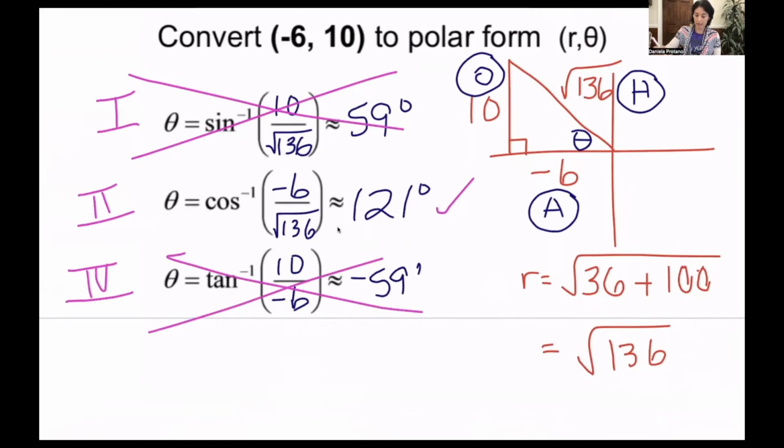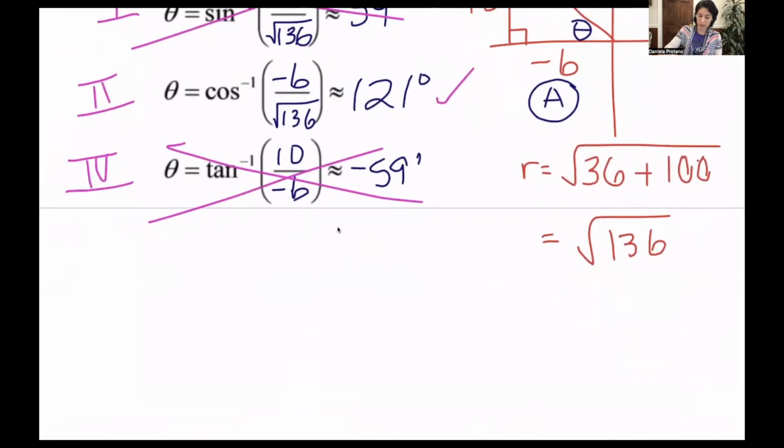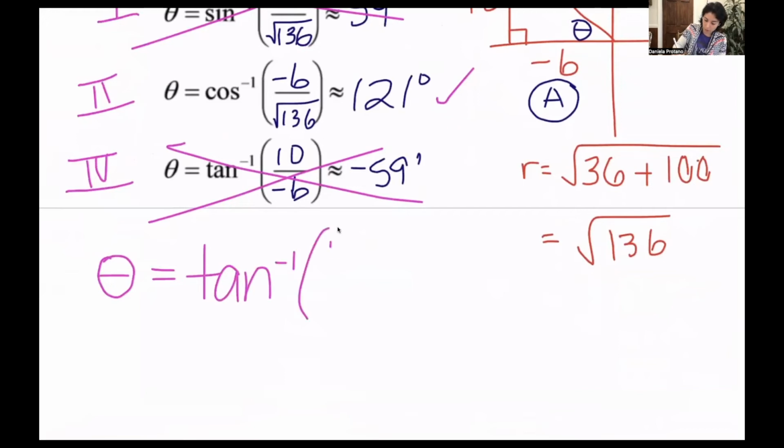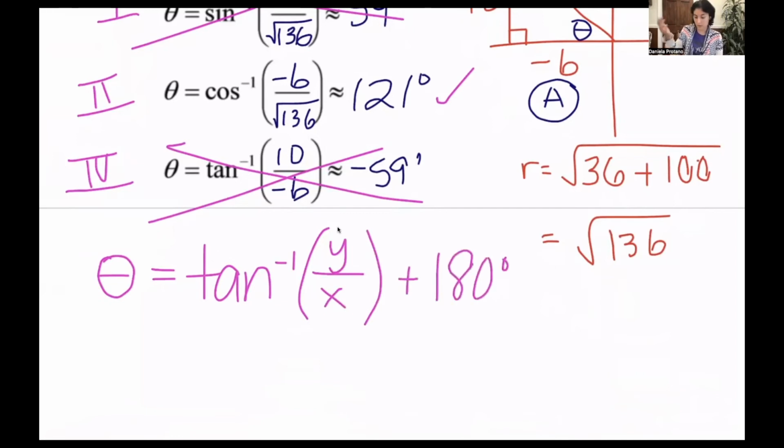But again, in class, you might have learned already that what we're going to do is the arctangent ratio. So in general, that's the arctan of the y value of the coordinate divided by the x value of the coordinate, plus pi radians, or 180 degrees, since we're in degrees here. So the arctan got us -59 degrees.